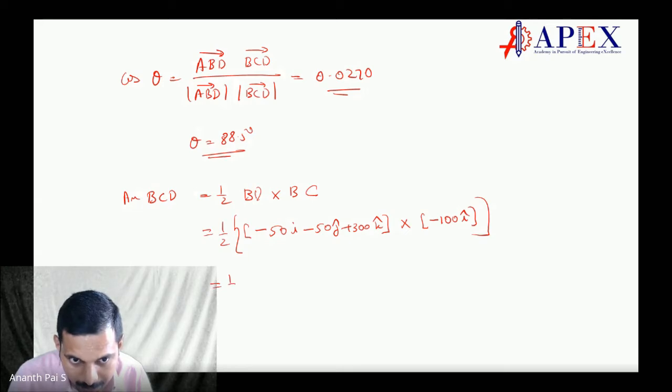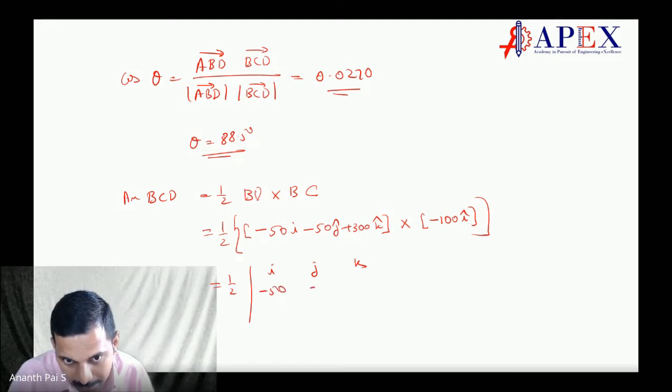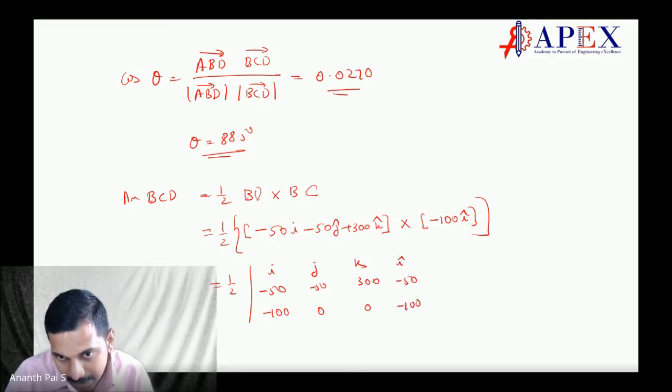Now this would be half into the determinant with I, J, K, minus 50, minus 50, plus 300, and minus 100, 0, 0.